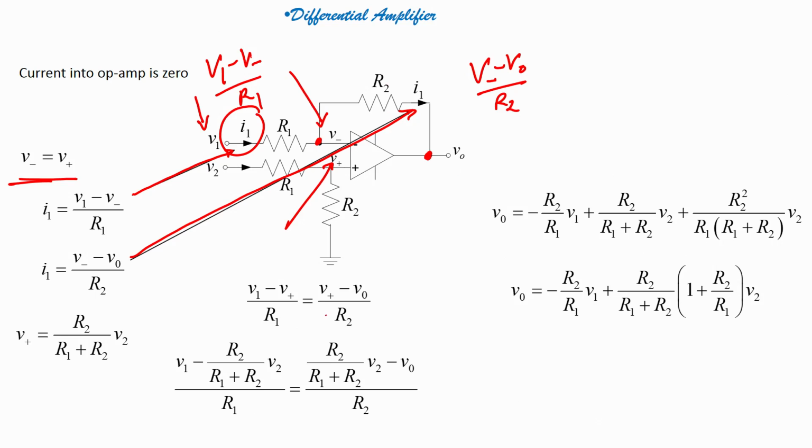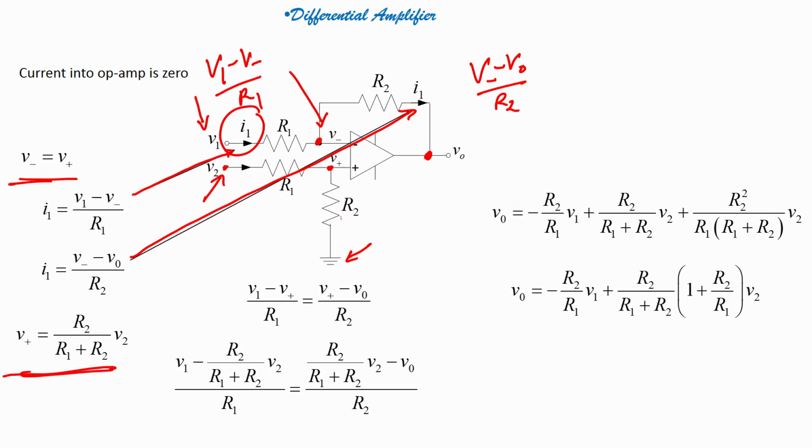So, what is my V plus? If I want to measure this value V plus, you have to consider this ground, and you have voltage here. So, this is like a potential divider. V plus will be R2 divided by R1 plus R2, into V2, correct, because here V2 is applied and here is a ground.